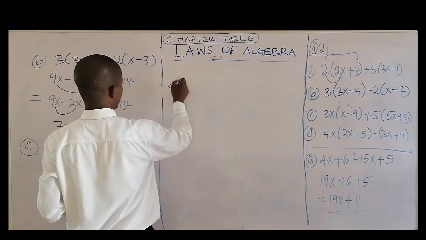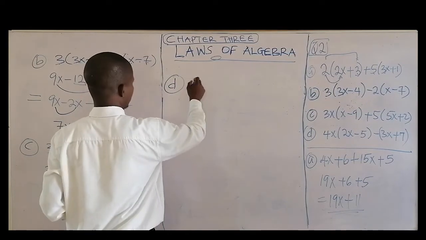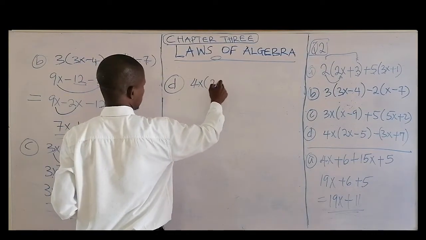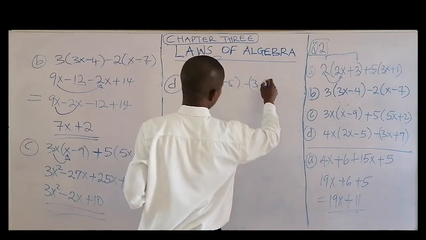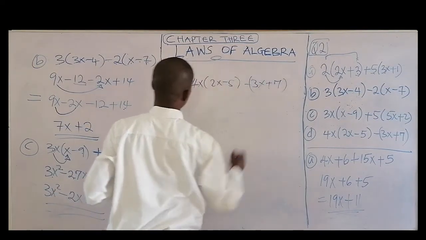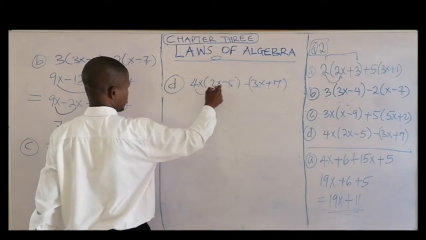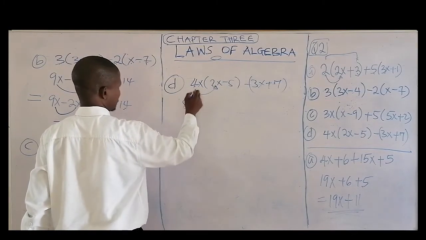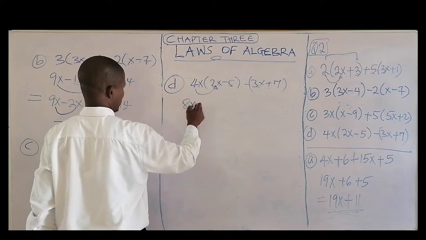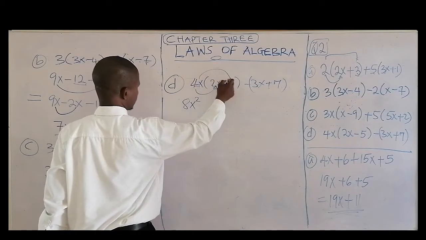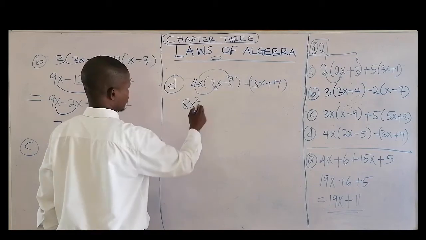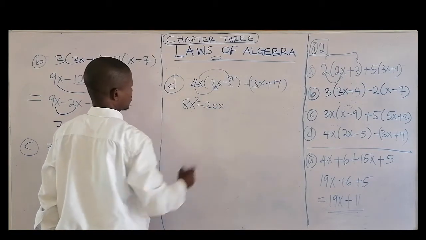The D part, we have this question. So this will be this one times this one, 4 times 2, that's 8, and this one times this one, we have this. Then this one times this one, that's a minus 20x.